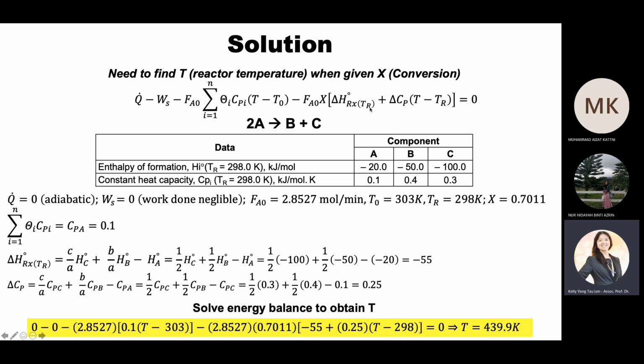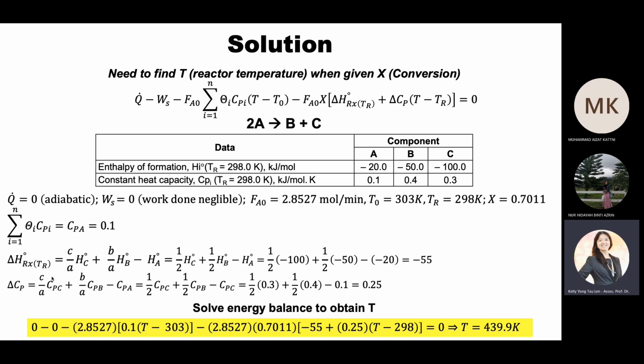Heat of reaction ni kita kena kira. So heat reaction ni satu reactant dua produk. So positive for product B, product C, and negative for reactant A. And heat reaction ni kalau soalan tadi dia beri kita directly, this question you have to calculate by yourself. So kita kira lah.